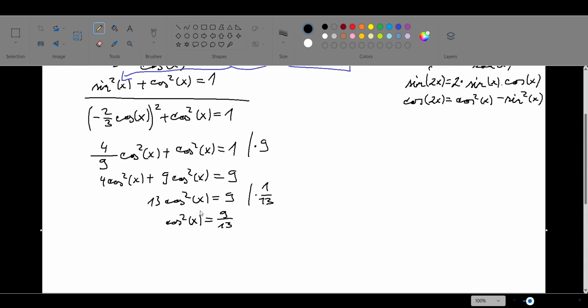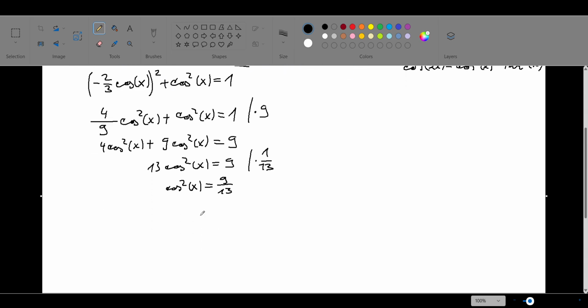To solve this equation, it requires us to take the square root of both sides, and then this is going to be the absolute value of cosine of x is equal to the square root of 9 over 13, which is equal to 3 over square root of 13.